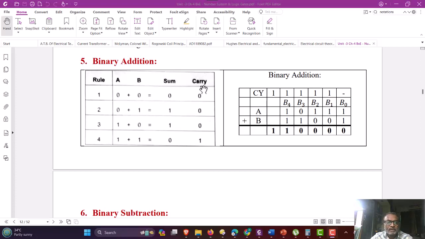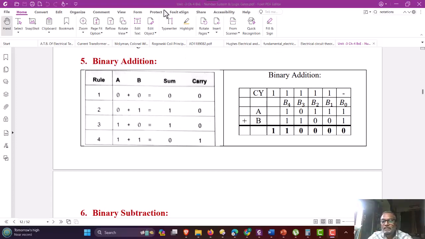Means when two bits 1 plus 1 are added, the sum will be 2 bits. So in single bit addition, when it overflows, it generates a 2 bit sum. One is the carry bit and another is the sum bit.